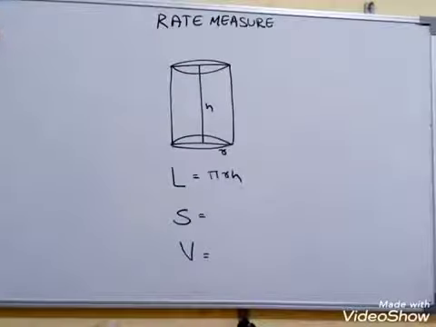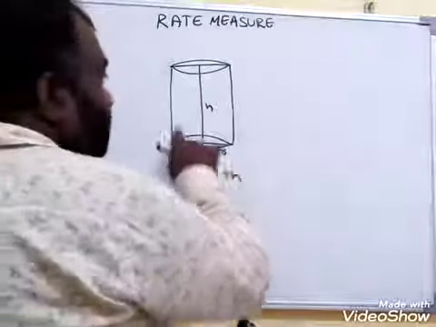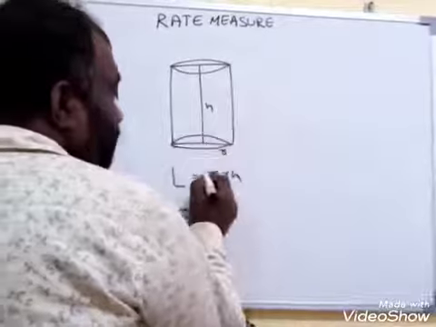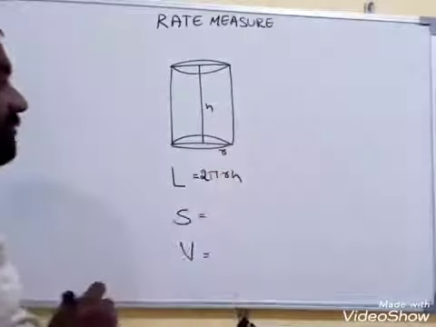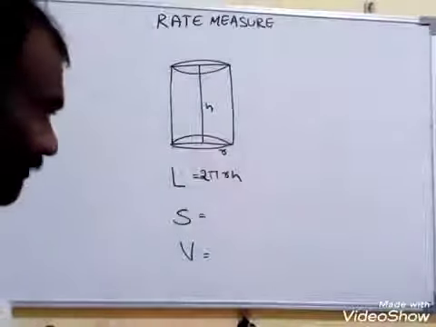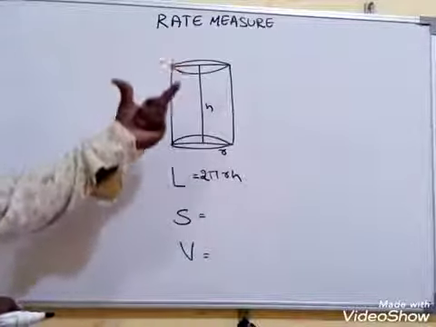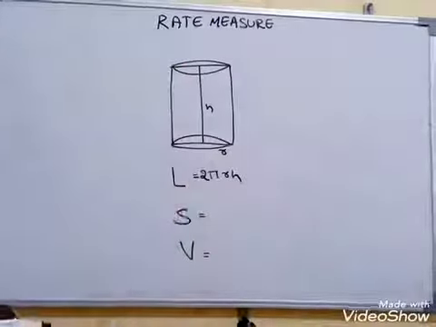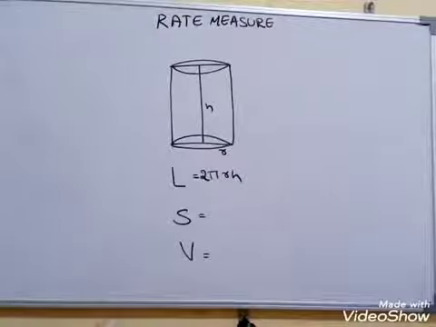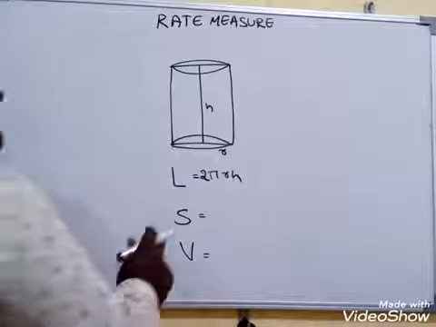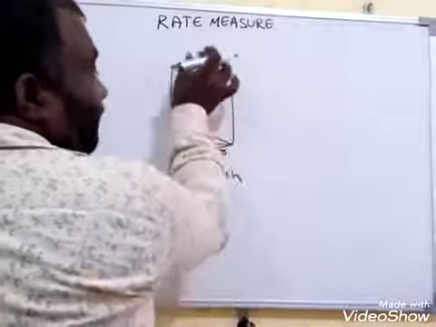Here in the previous case, only one circle is there. From here to here it changes, no? 2 pi r h. Why? Because from the bottom to top it has the same perimeter of the circle. That's why 2 pi r h. And further, total surface area is the lateral surface area plus the area of the circles.